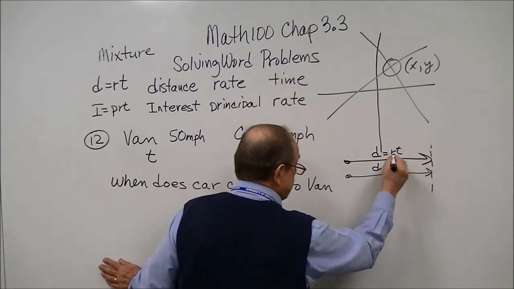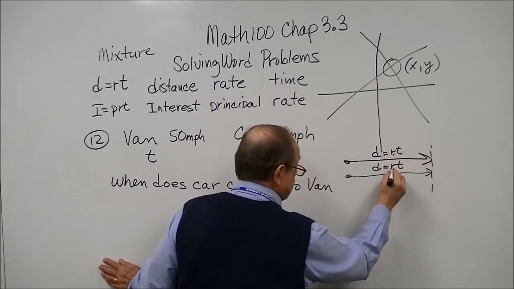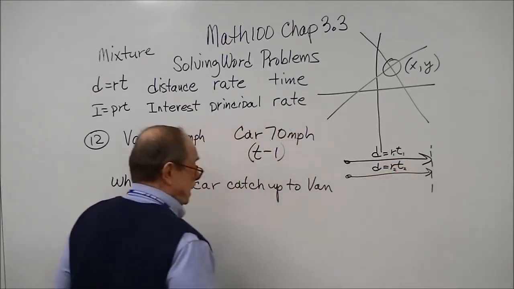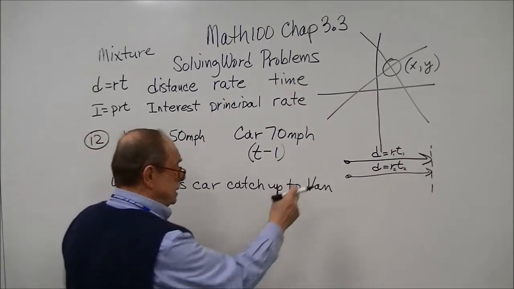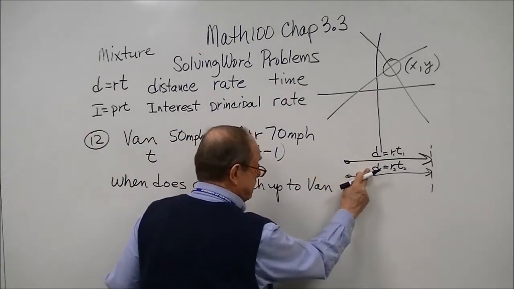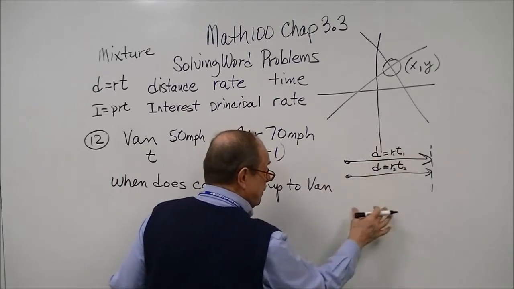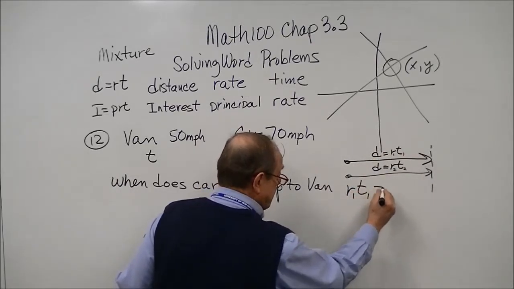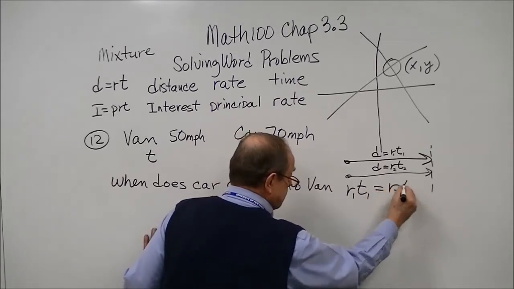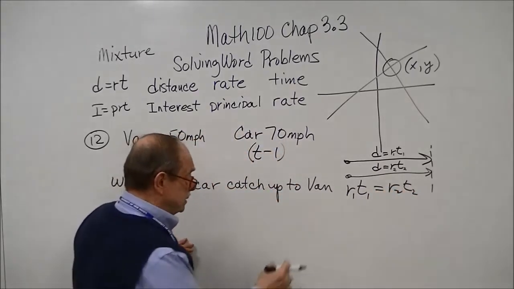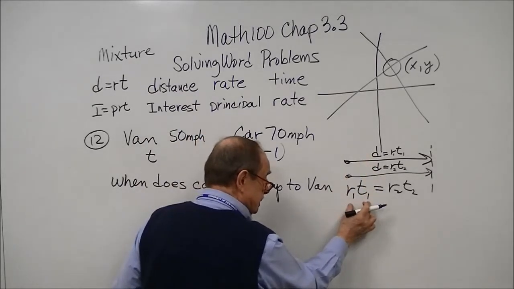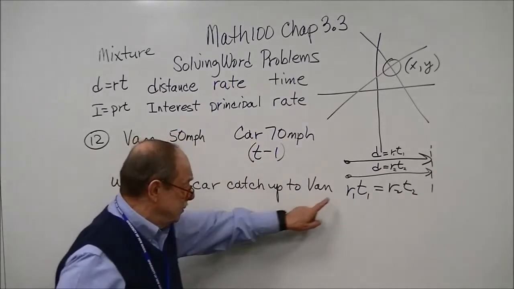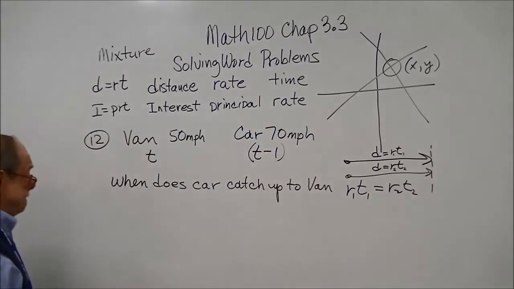That would be rate 1, this is rate 2. Time 1, time 2. But we know that distance equals distance. So our formula for this could be rate times time equals rate times time, because we know that these distances are the same. So this is our formula here.